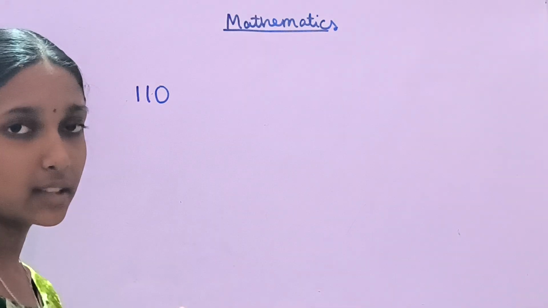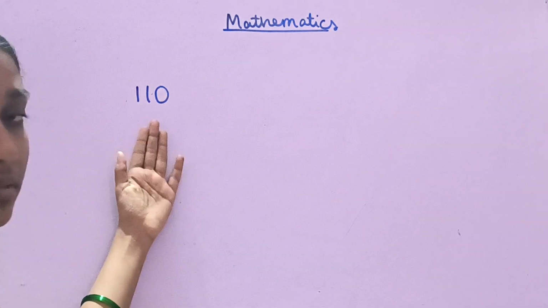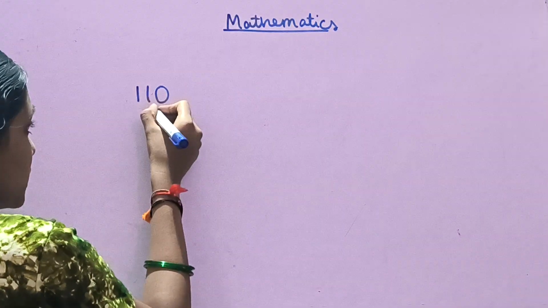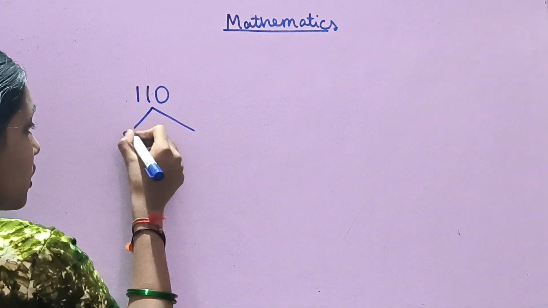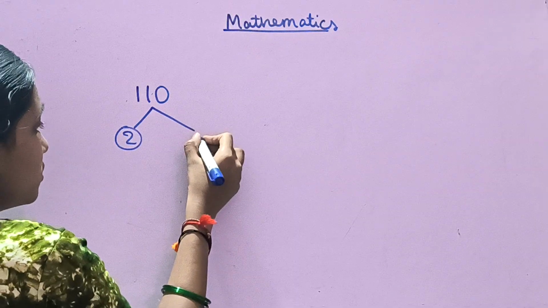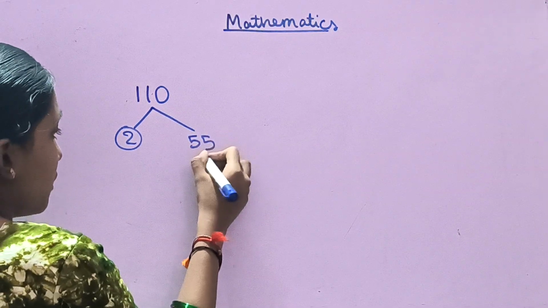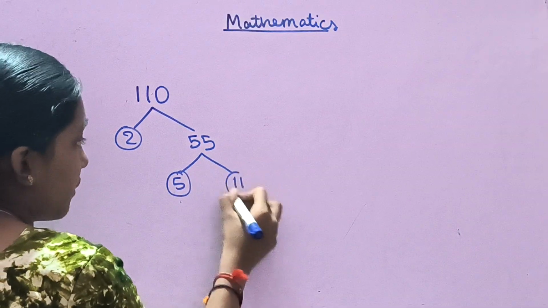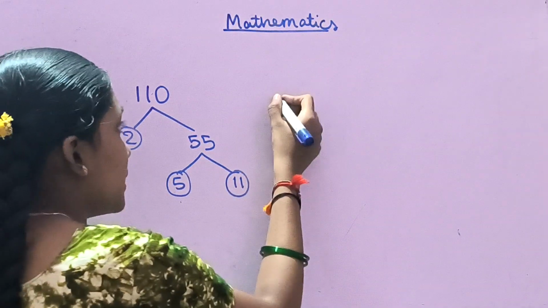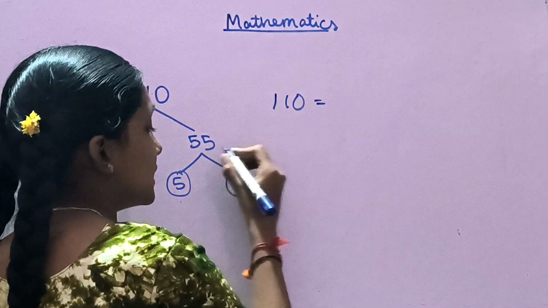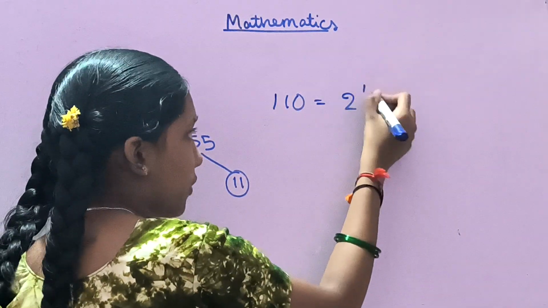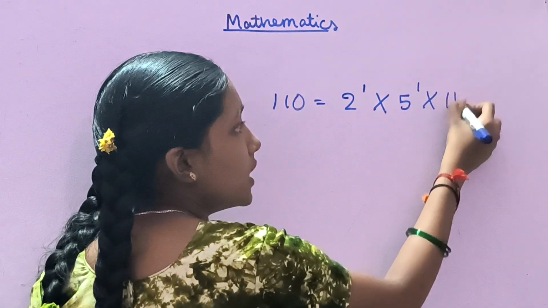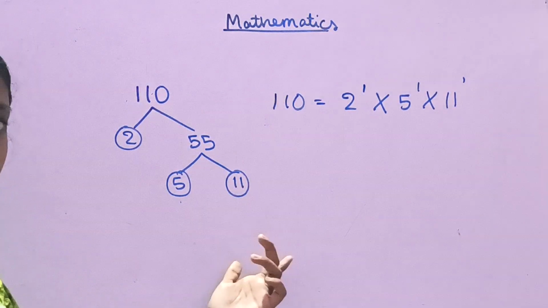We can find the factors of this number with the help of the factor tree method. 2 into 55, 5 into 11. So 110 is equal to 2 to the power 1 into 5 to the power 1 into 11 to the power 1.